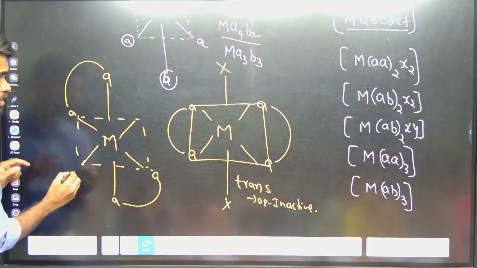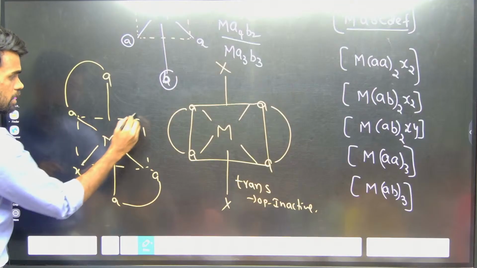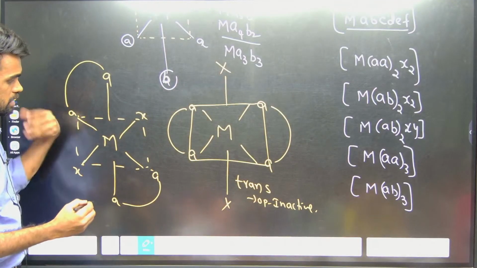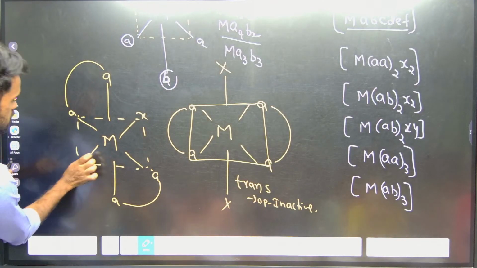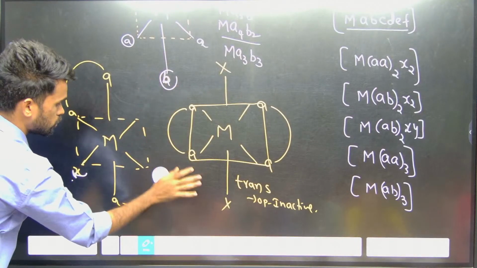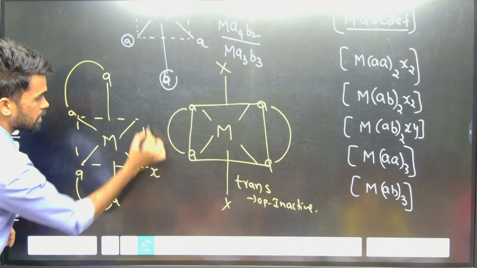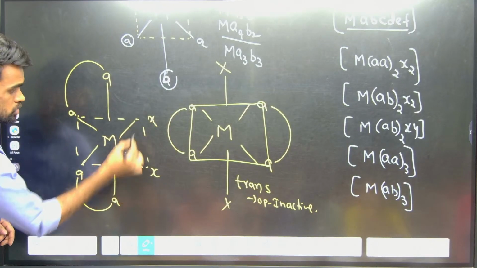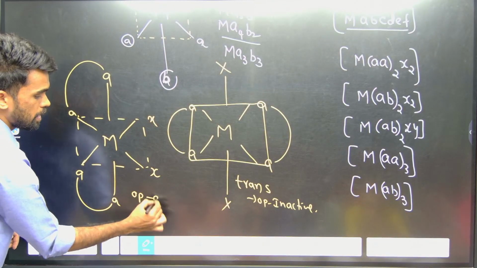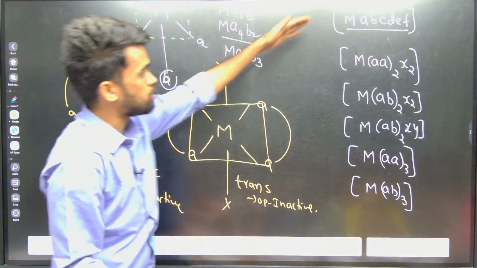Here you are putting X and X. Like this, if they are in cis form, it is not trans. So what you need to do is place here A, X and X, cis or not. So this is optically active. Like that, these are the possible formulas.